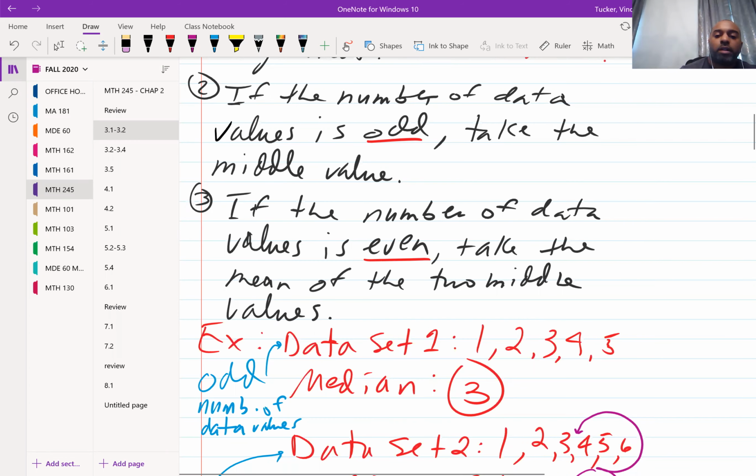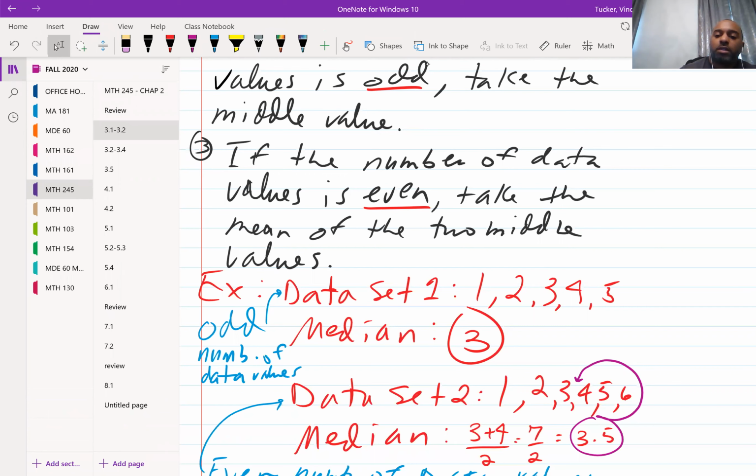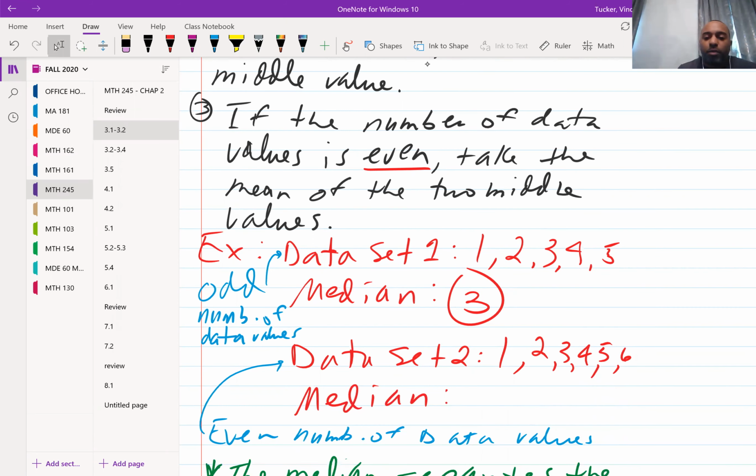Okay. Now going to what your classmate just asked. If you have an even number of data values, you don't actually have a middle value. So what you're going to do is take the two middle values, which would be 3 and 4, and we're going to take the average of them. Remember, mean represents the average. So we're going to add them together and divide by 2.